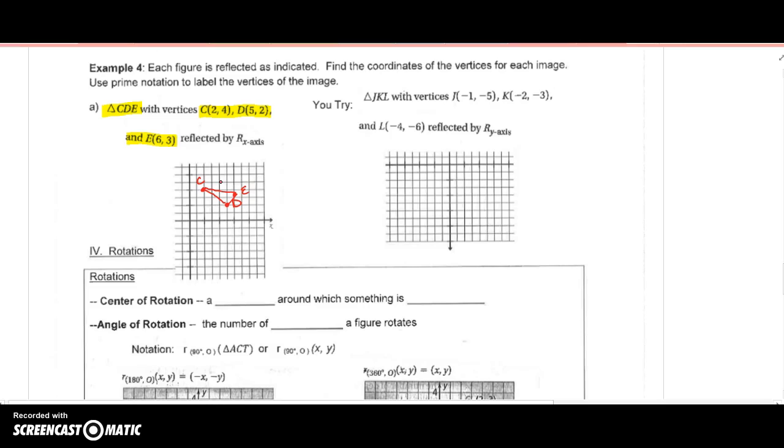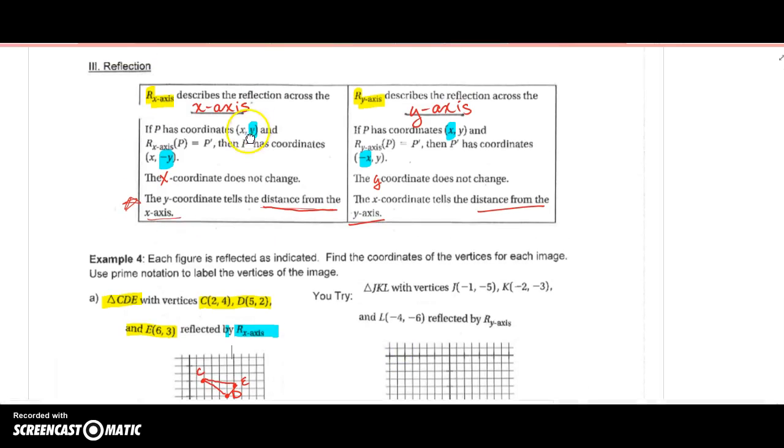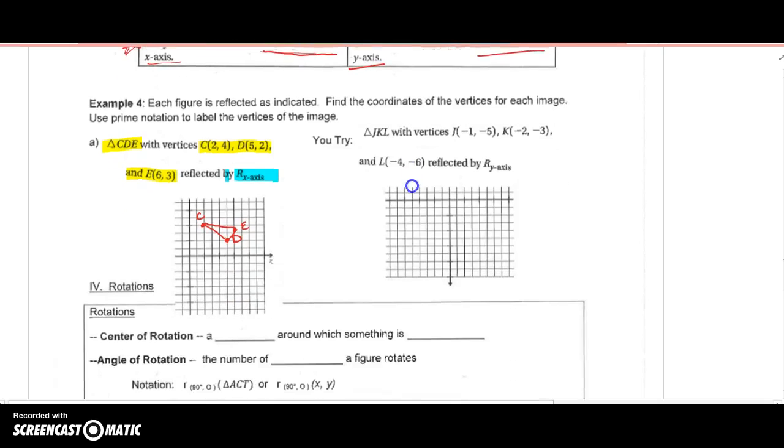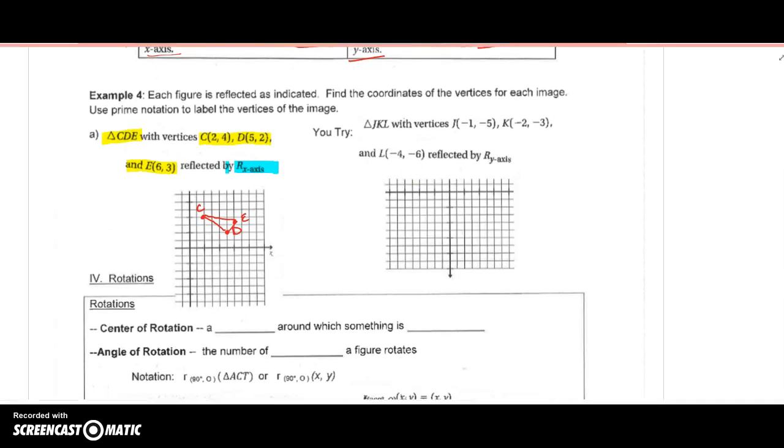Okay, we're reflecting it across the x-axis. So one way you can think of it is that, just like we said, you can take all of the y's and change them to negative y's. So for C prime, you can graph 2, negative 4 instead of positive 4. For D prime, you can graph 5, negative 2.